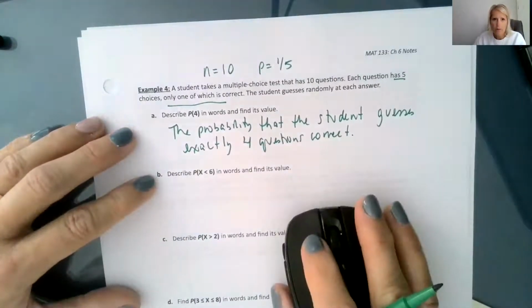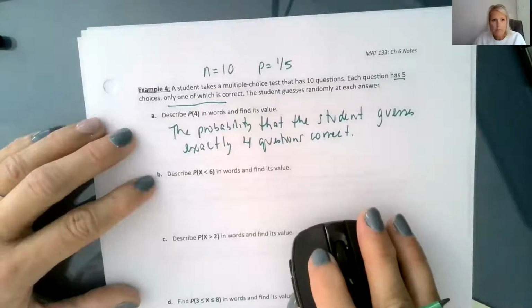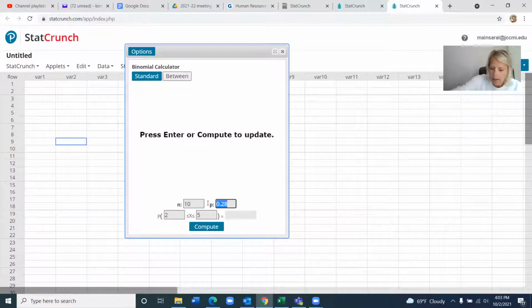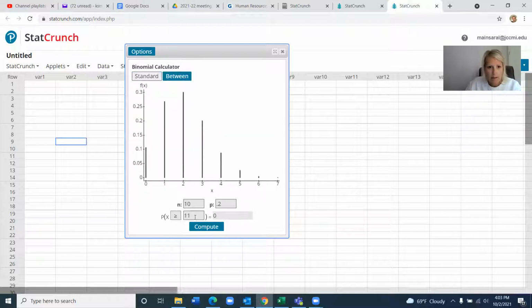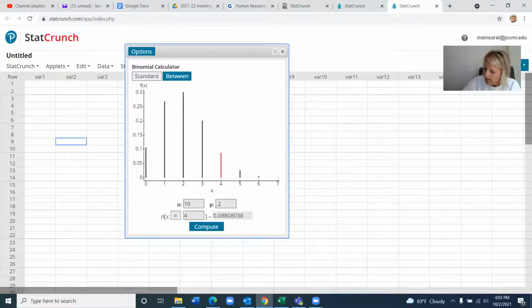So we're going to go back to StatCrunch. We had 10 questions, and it was 0.2, 1/5. And oh, we have to go back to standard. It was exactly, so we're going to do an equal sign. He got exactly 4 of them correct, and that comes out to be 0.0881.